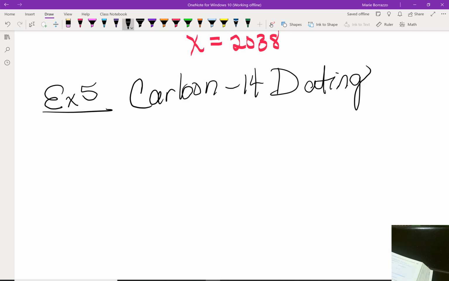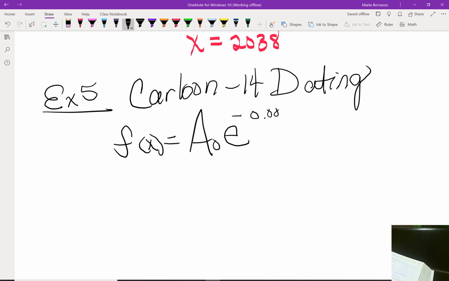Scientists determine the age of the remains by comparing the amount of carbon-14 present with the amount found in living plants and animals. The amount of carbon-14 present after x years is modeled by the exponential function where f of x is equal to a sub 0 times e raised to the negative 0.0001216x, where a sub 0 is the initial amount.